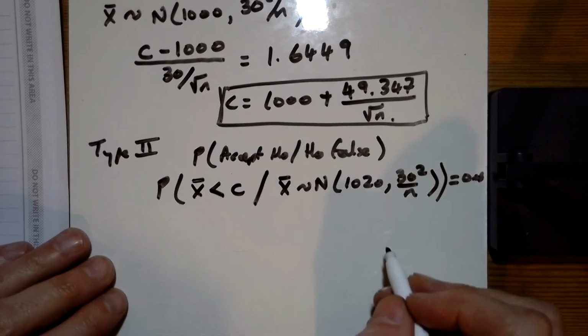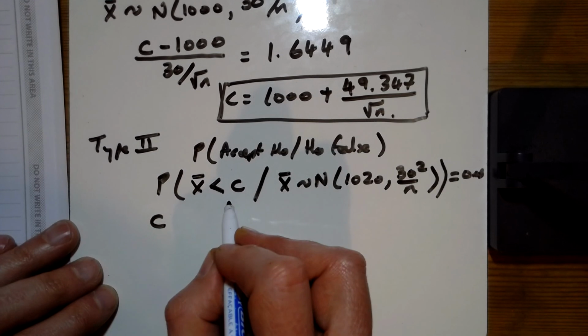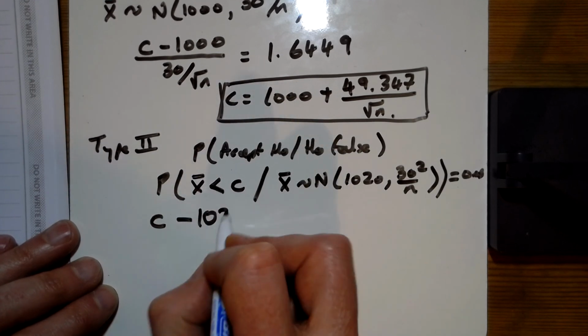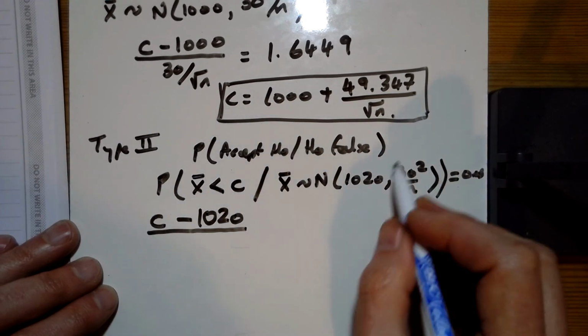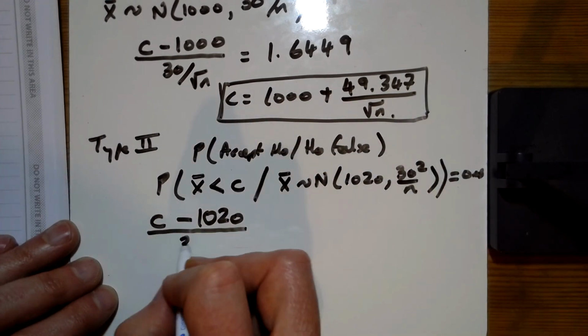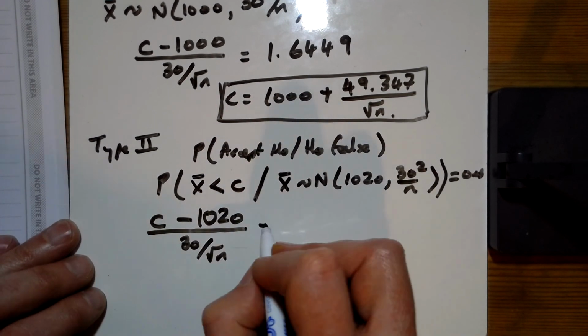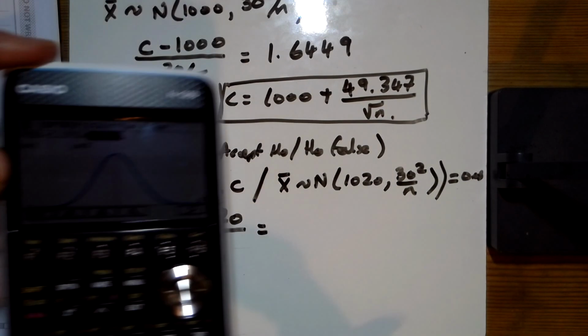Okay, take it slowly. Right, so normalizing this, we're going to go C, take away the mean, which we know is that, divided by the standard deviation, which is this 30 over root n, and that needs to be 0.005 in there.